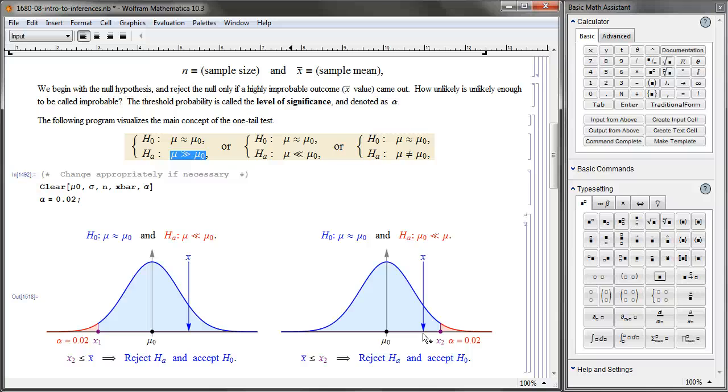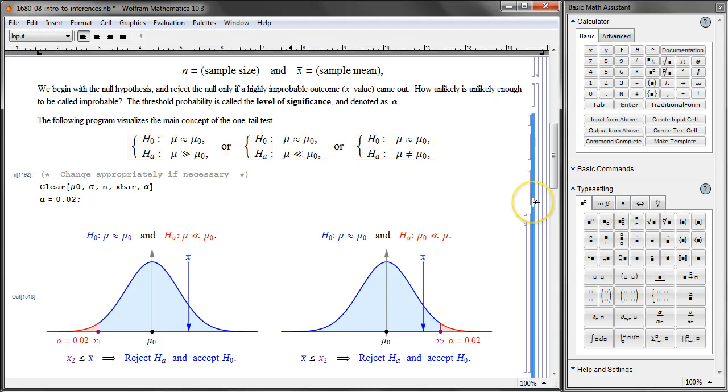How close is close and how far is far? Well, here's a threshold, x2, which is given by the level of significance. This red area is 0.02 or 2%, and that gives you this critical value x2. That's the threshold. And x bar, the sample mean, is inside the threshold, which means it's close enough to null. So we're going to select null. Null is right. We're going to go with null.